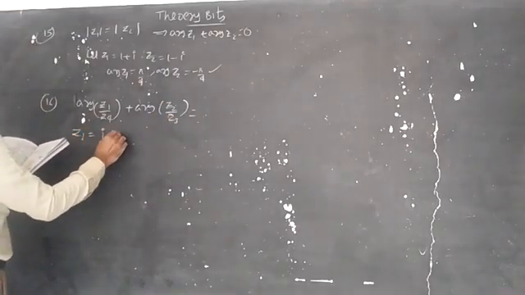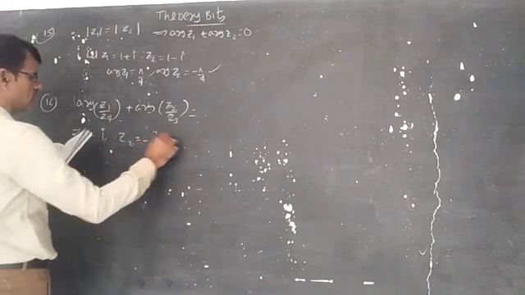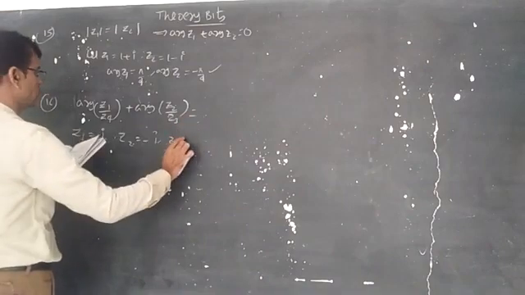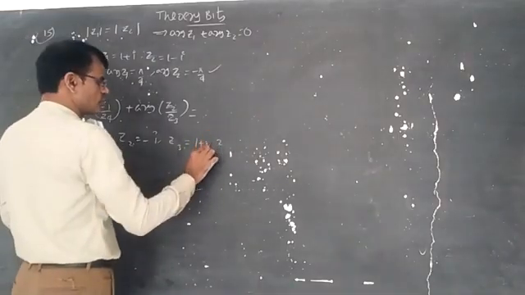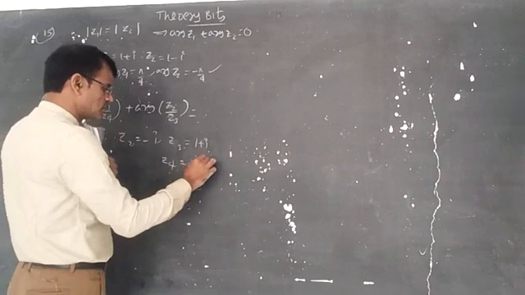Let us calculate. Z1 is equal to i and Z2 is equal to minus i, the same values I am taking as in the previous sum. Z3 is equal to 1 plus i and Z4 is equal to 1 minus i, conjugate complex numbers.